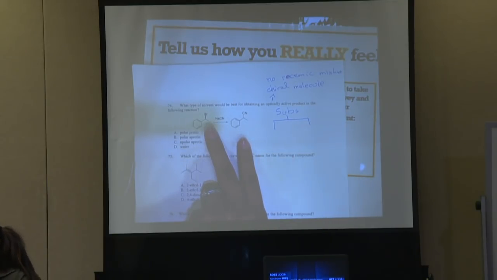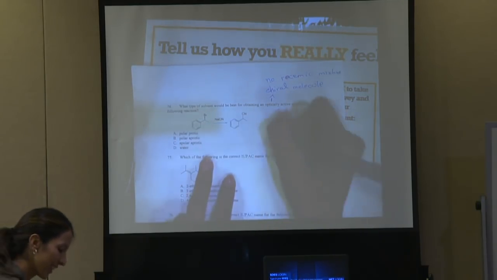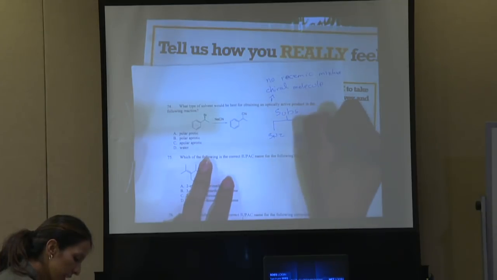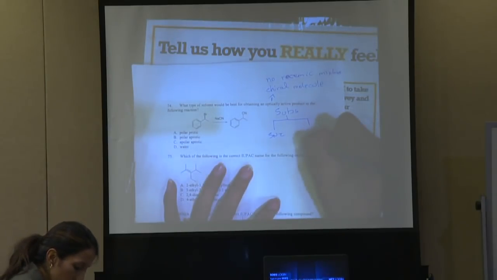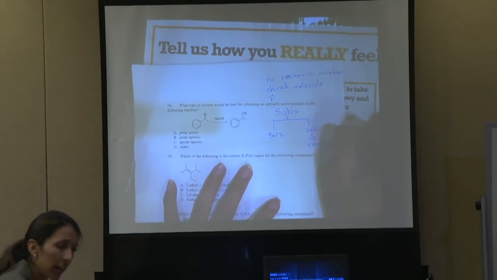SN2 or SN1. Awesome, yes. So we have SN2 or SN1. Which one out of SN1 or SN2 will give you a racemic mixture? SN1. And we said racemic is optically inactive, right?